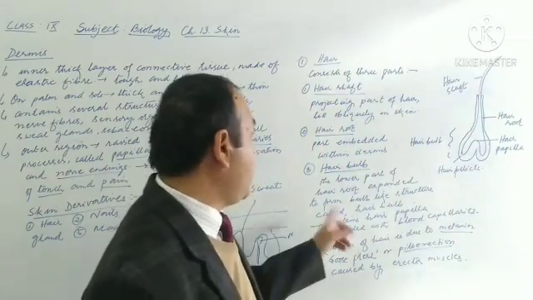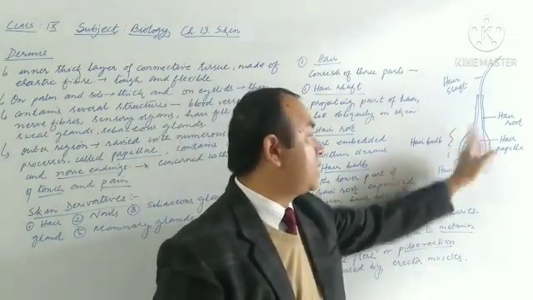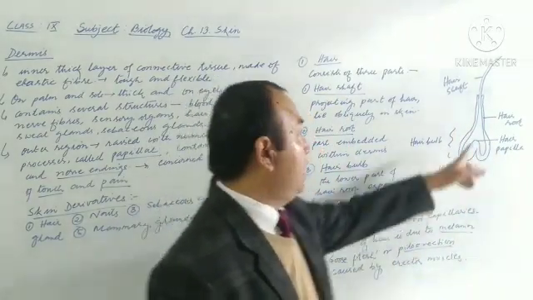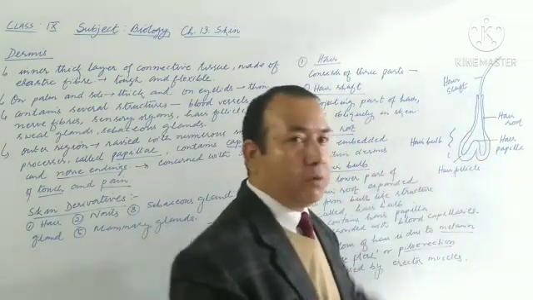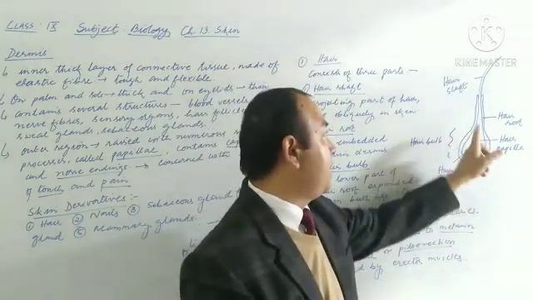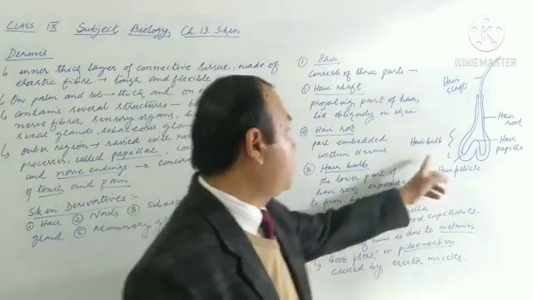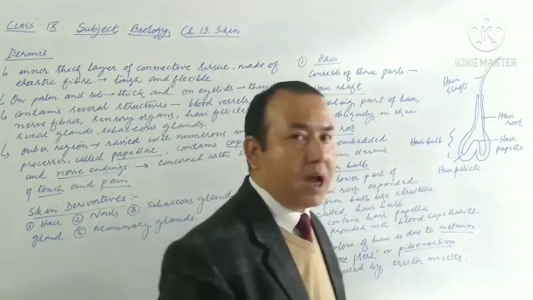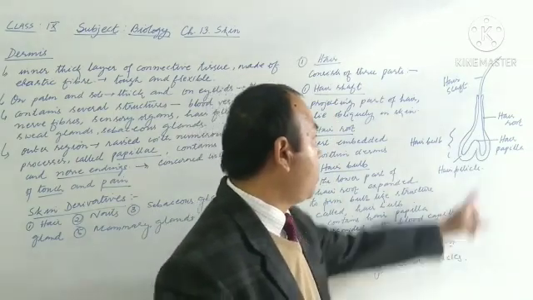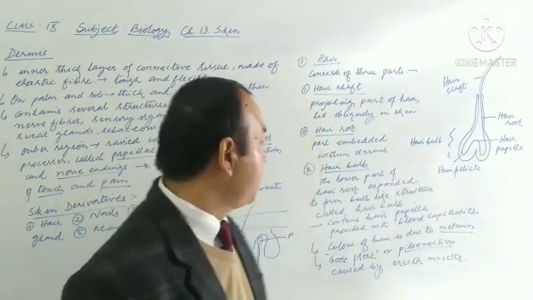This hair root further extends deep into the dermis to form a bulb-like structure, which we call the hair bulb. This hair bulb includes the raised portion inside the hair follicle, which we call the hair papilla.